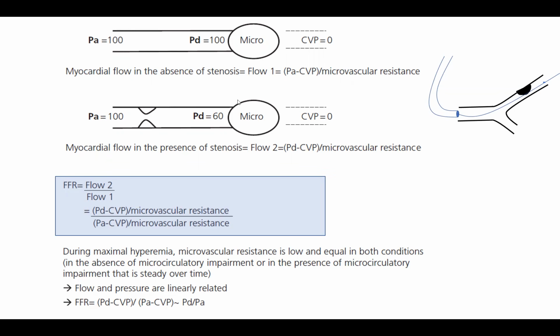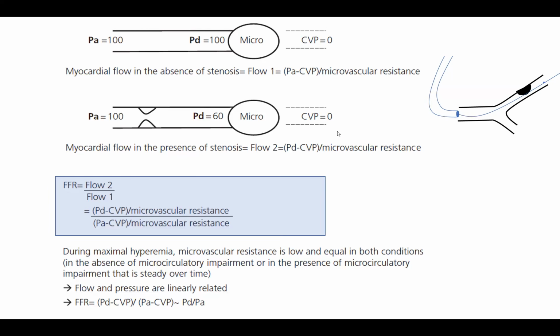Now, since myocardial flow equals microvascular flow and is equal to pressure divided by microvascular resistance, to make those pressures in those two settings, stenosis and no stenosis, correlate with flow, you have to annihilate those microvascular resistances.